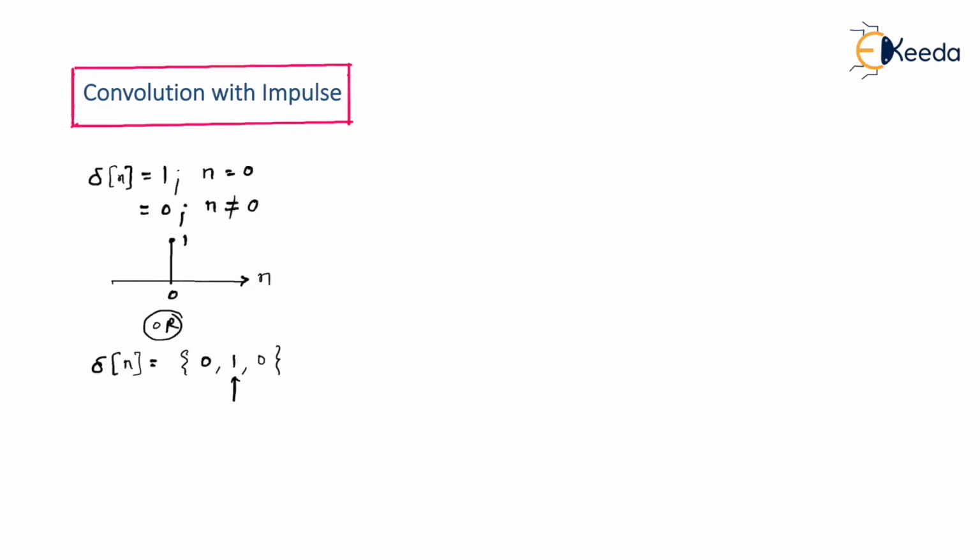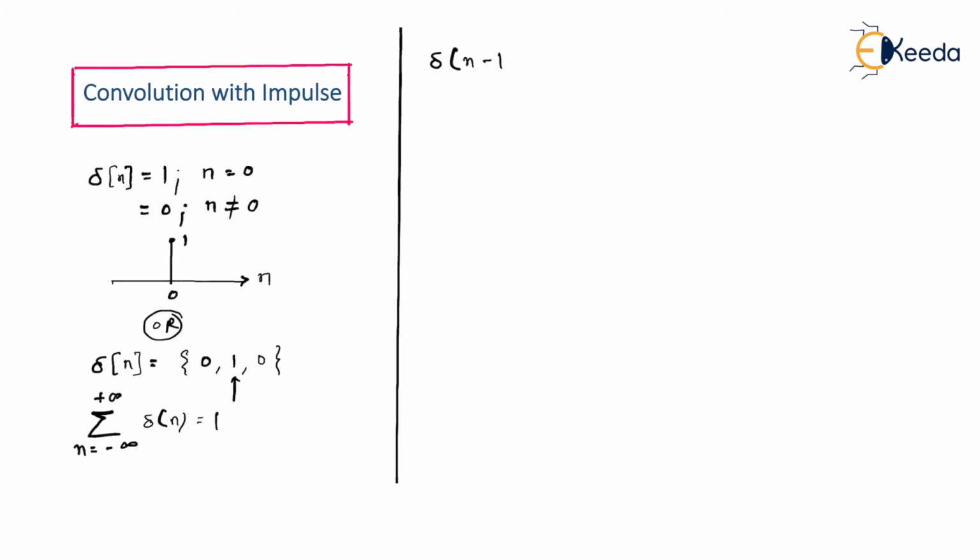In fact, by summation property, we can say that summation when n is moving from minus infinity to plus infinity, del of n is always 1. Am I right? For example, if we talk about del of n minus 1, then how do we plot del of n minus 1?